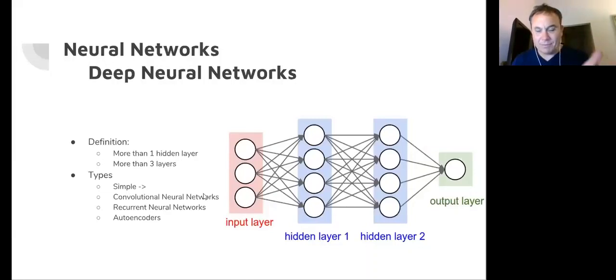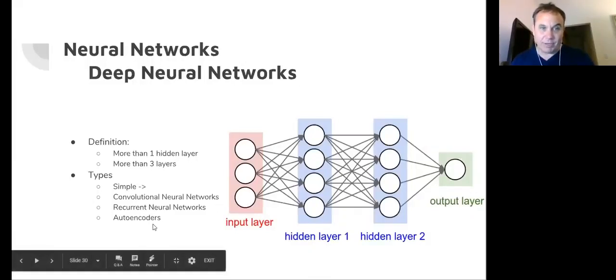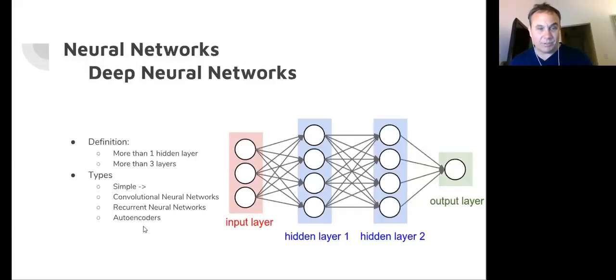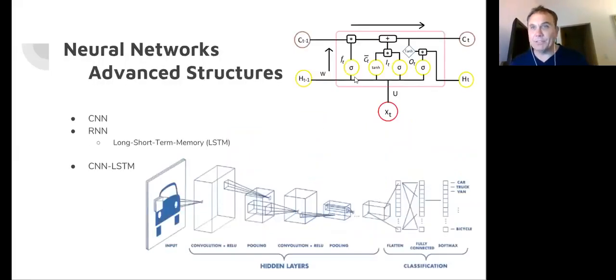Then you have deep neural networks, and different kinds of deep neural networks. This is a simple deep neural network, just one extra hidden layer. You have other kinds like the convolutional neural network, recurrent neural network, and autoencoders. We'll go into all of these in detail later on. Here's a very high-level picture.